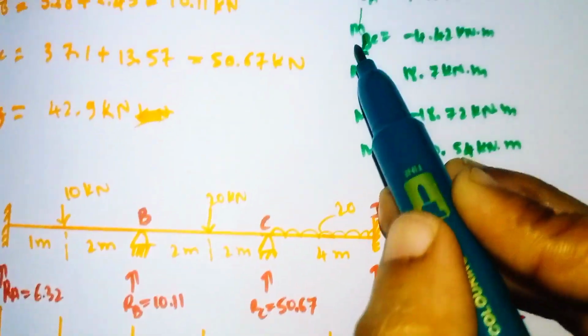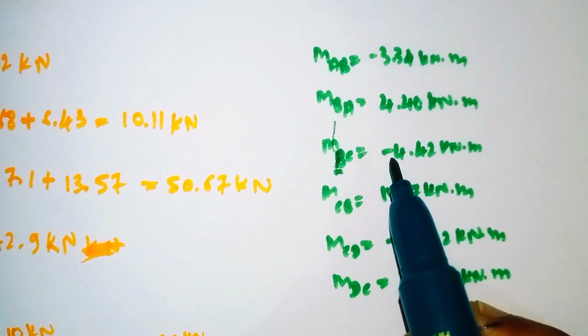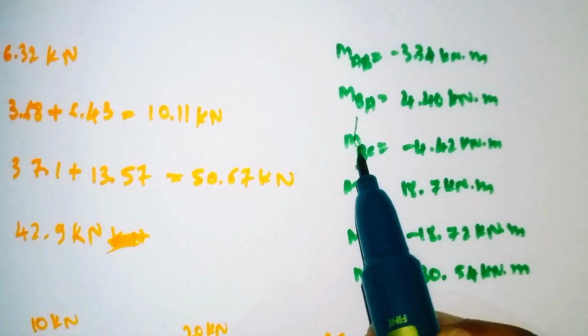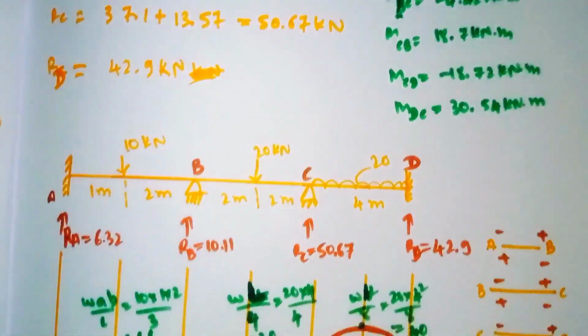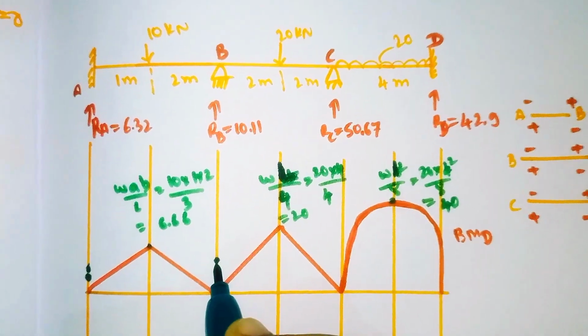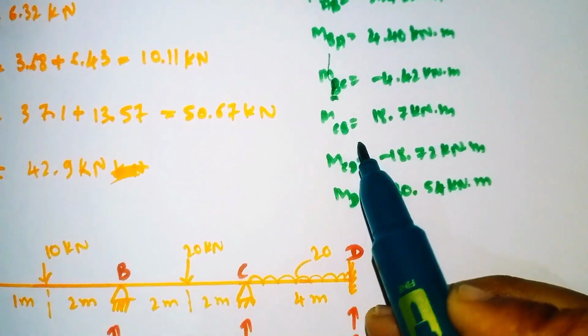And for MBC we have the value minus 4.40. Here the first letter is B, so it comes on point B, minus 4.40. So this is our point B. It also comes here only. And our next is for MCB.